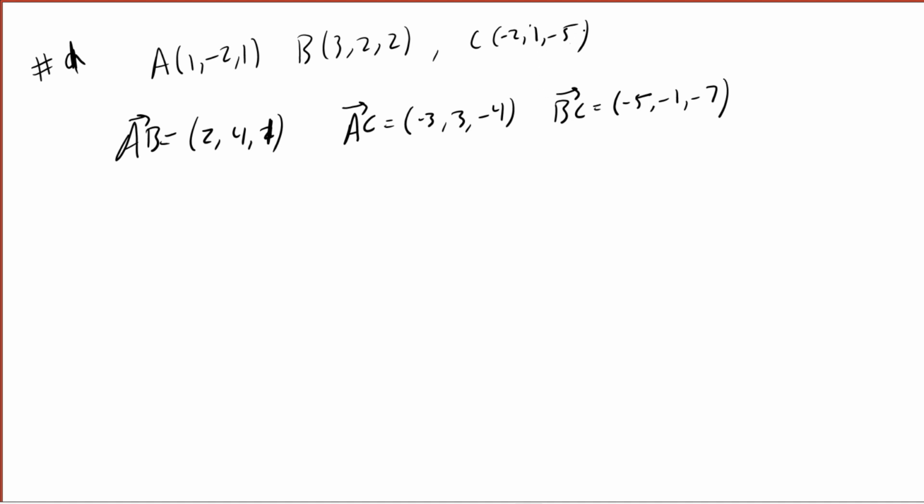Hold up, is that right? Something's not adding up here. One of these is wrong, because I should be able to add AB to BC and end up with AC. So 1 plus minus 4 is not negative 7. What did I do wrong?